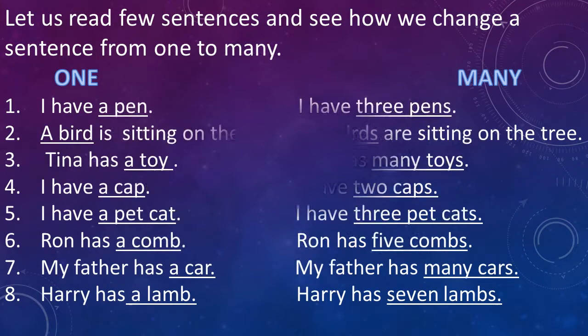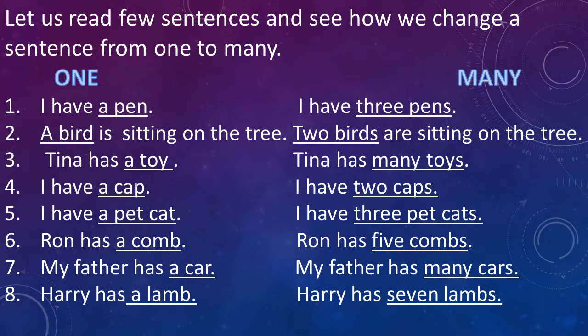Now let us read a few sentences and see how we change a sentence from one to many. Up till now, we only read how words are changed from one to many. Now let us see how we change one and many in a sentence.